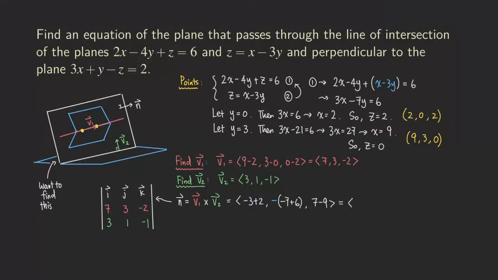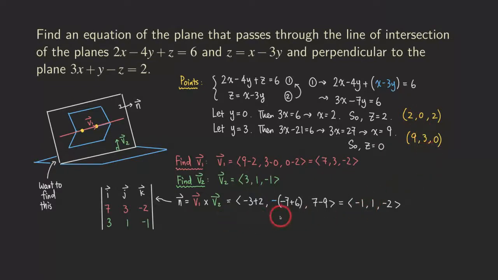So we are getting -1, and then we have what? -1, -1, we get +1. Get +1 here. And then lastly, what do we get here? We get 7 minus 9, we get -2. That okay? So this is our normal vector, and we have 2 points, right?